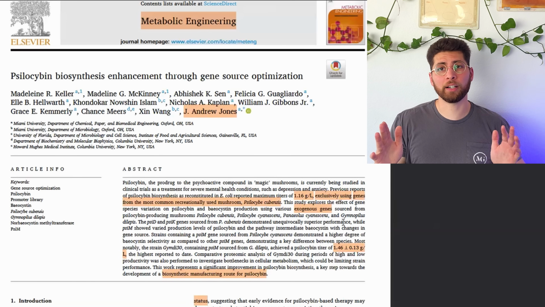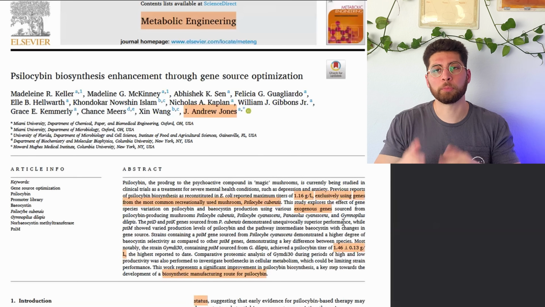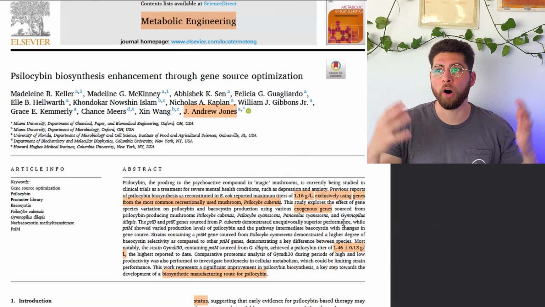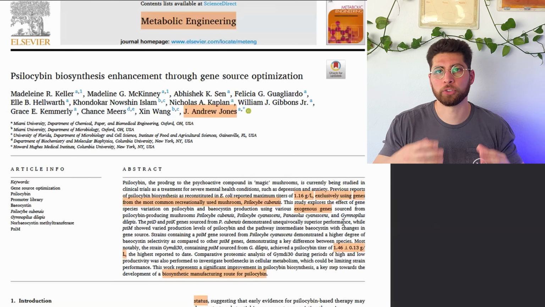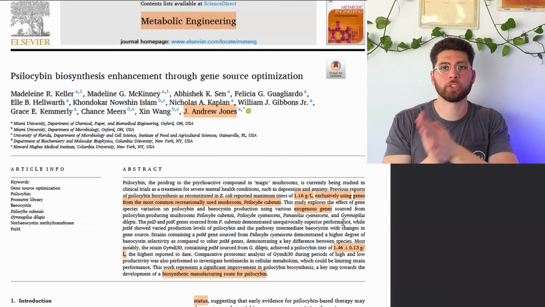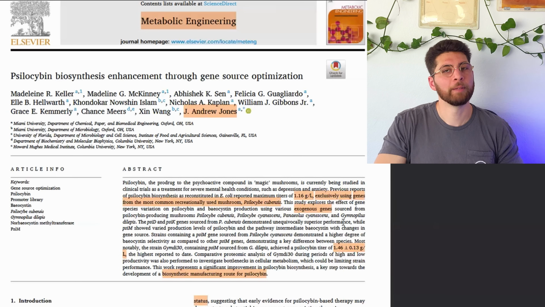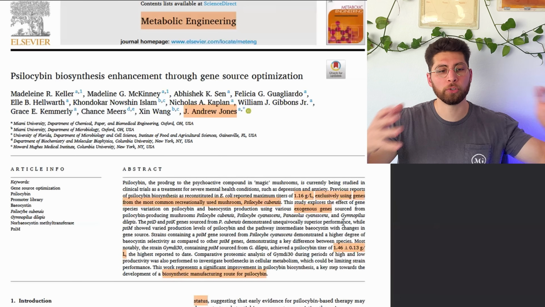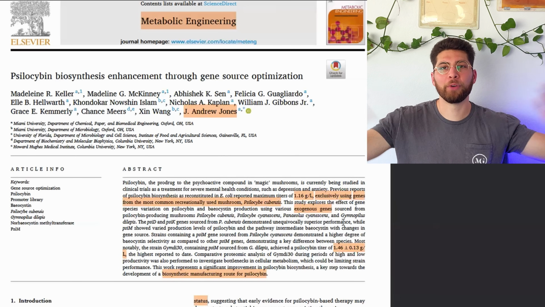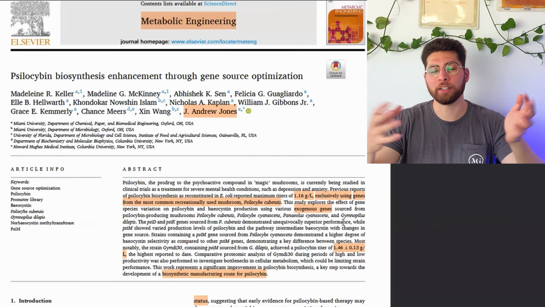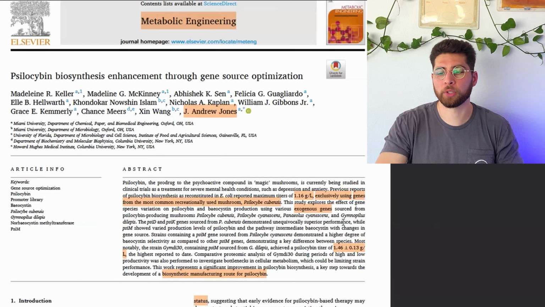Now, this doesn't necessarily mean that these different species of mushrooms are automatically creating more of those compounds just because the genes work better in bacteria. Often when you're translating these genes between host organisms, they may function slightly differently. But going out into the bioinformatics world and pulling different genes and trying them in your host organism is generally a good technique.